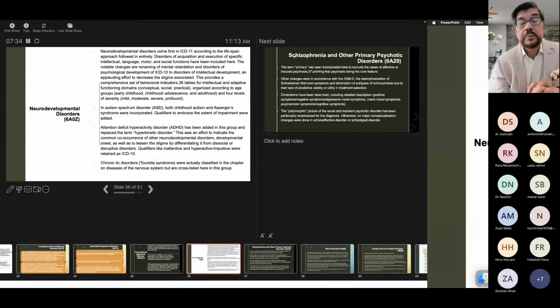Chronic tic disorder or Tourette syndrome were actually classified in the chapter on diseases of the nervous system, but are cross-listed here in this group as well. Because tic disorder comes with some neurological abnormalities as well, it is present in both places.